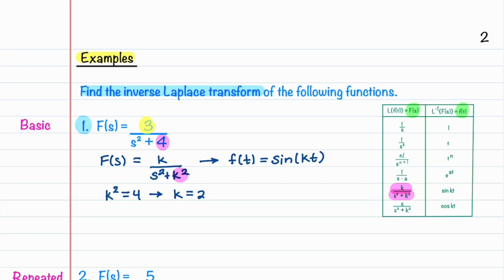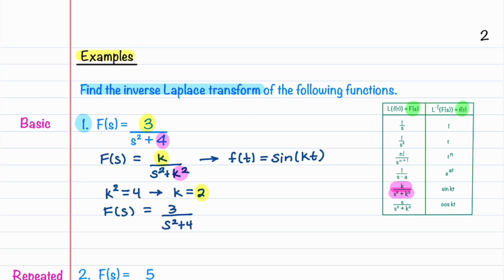We have a 3 in the numerator instead of a 2, like in the table. So we have a mismatch. What we're going to do is rewrite the function that we're given. We have F of s is equal to 3 all divided by s squared plus 4, and we're going to write this as 3 times 1 all divided by s squared plus 4.